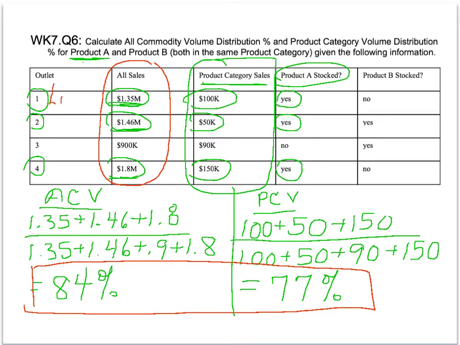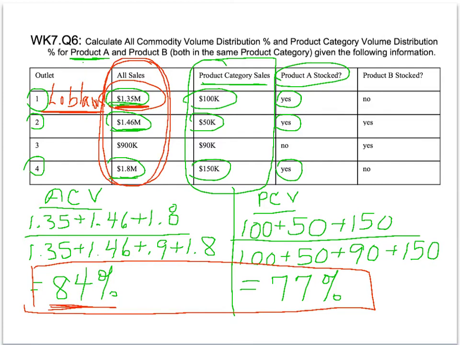So let's assume again that this is Loblaws. Loblaws might have annual sales of 1.35 million. Again, I know it's a lot higher than that; these are just pretend numbers. So this is saying that based on the total volume of sales for the units, you're available 84% of the time.